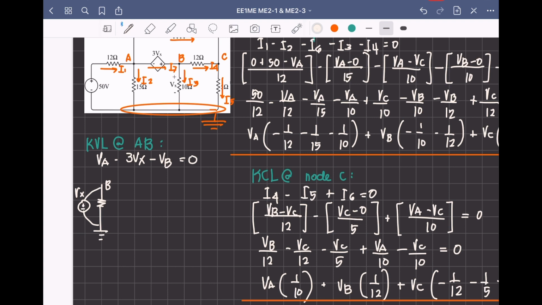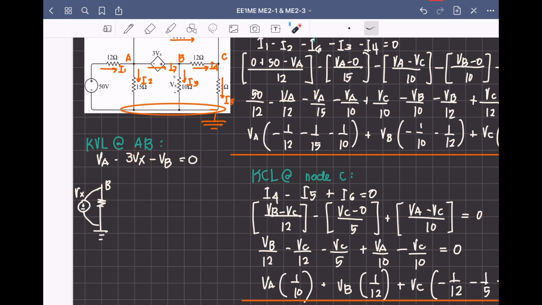With this, since KVL is flexible, it's up to you where you make the loop. You can also do KVL here. But the issue is we have to have VX in our equation because it needs to be replaced. The equations from this KVL should only contain VA, VB, VC. So, our target is to replace VX. So, this is what we will do.